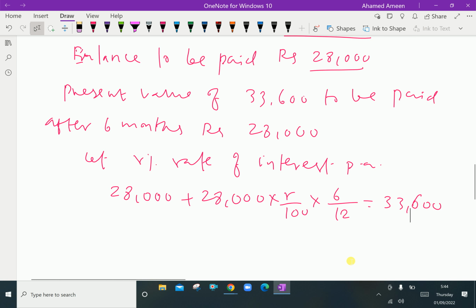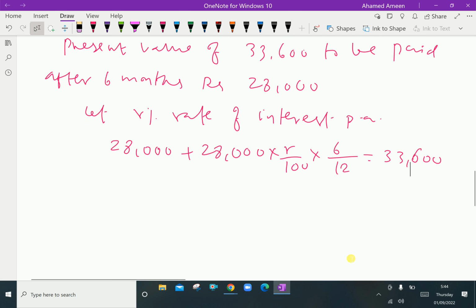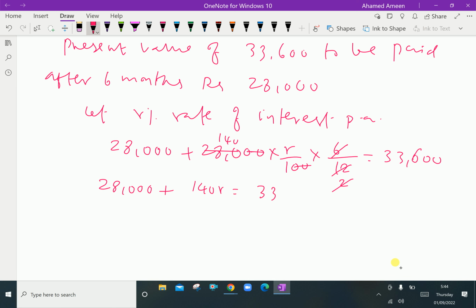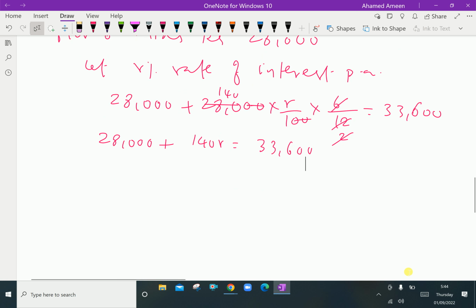Now we simplify this. This is 28,000 plus, cutting two zeros and cutting by 2, 140 R, which is equal to 33,600.